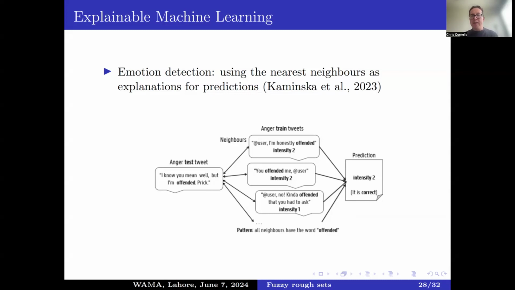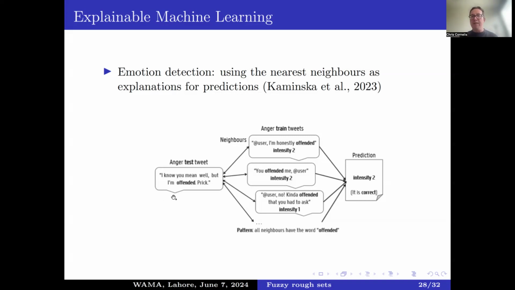And to illustrate that, I would like to mention a use case that we developed together with my PhD student Olga Kaminska, in which the goal is to detect the level of presence of an emotion in tweets, so in short sequences of text. So for instance, in this test tweet, we have the word offended present.